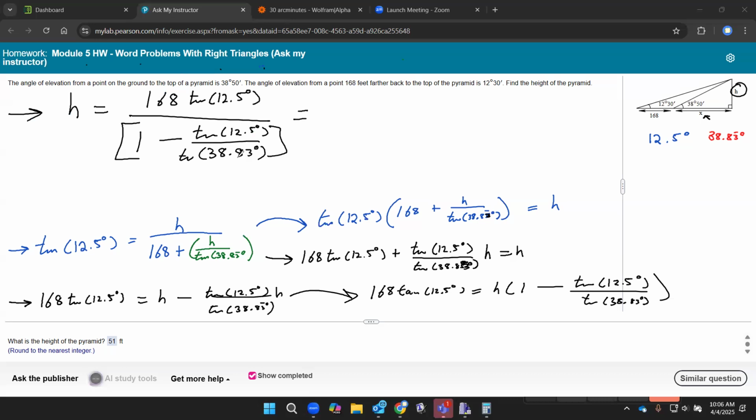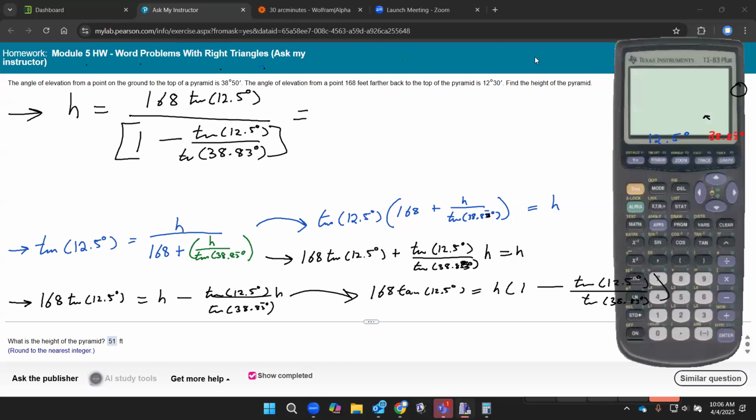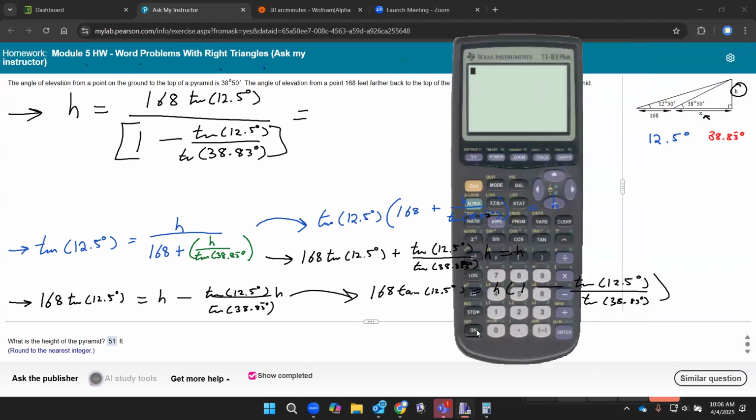The only thing we need to watch out for is that I did do a bit of rounding there at the end. Okay, so wake up calculator, 168 times the tangent of 12.5 degrees. Am I in degree mode? Currently I am. Be sure that you are too.